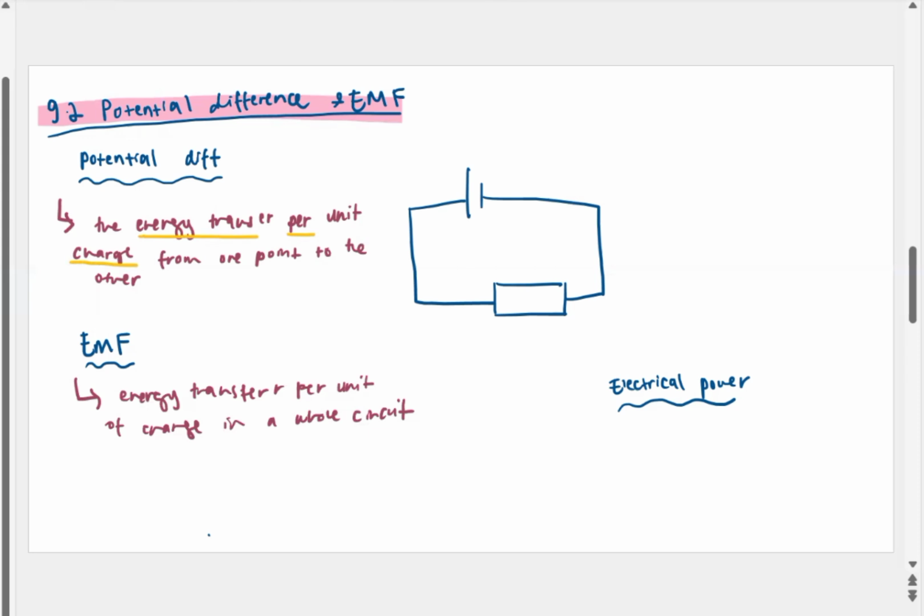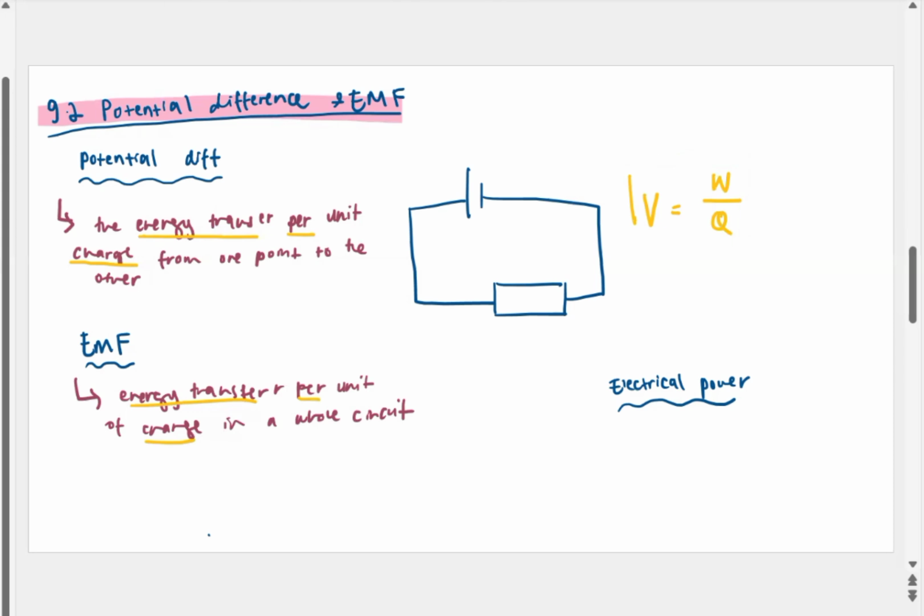This is the same here, energy transfer per unit of charge. So what can we deduce from these two definitions? We could write it as one equation. So we're going to write potential difference and EMF as V equal to energy transfer, or W, work, per charge. So these are our definitions.